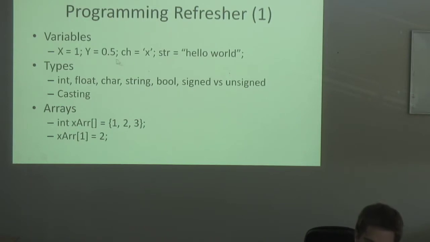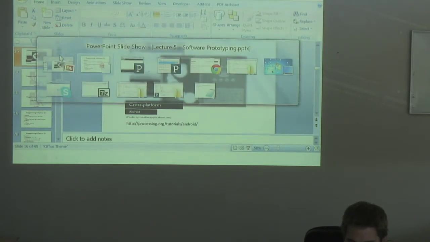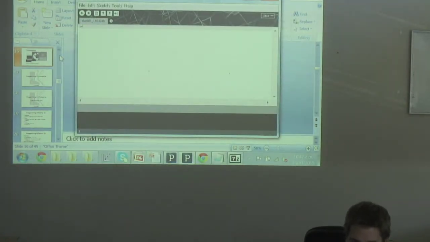y equals 0.5, so it doesn't have to be whole numbers or integers, it could be floating numbers. We could have characters, which are represented by single quotes around them. Or we can have strings, which are basically multiple characters, and they're represented by double quotes. Then variables have types, so unfortunately we can't just say x equals 1, because it will say it doesn't know what my x is, because we haven't told it what my x needs to be.